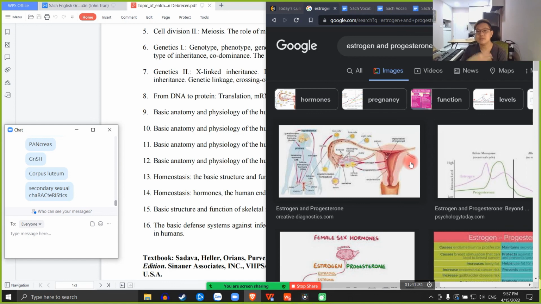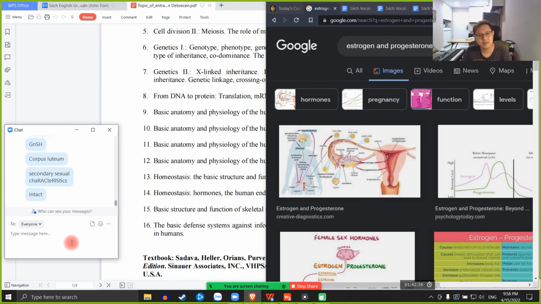So what does it do? It keeps the uterus intact, like it protects it. It basically keeps the walls of the uterus intact, and it prevents menstruation during pregnancy too.